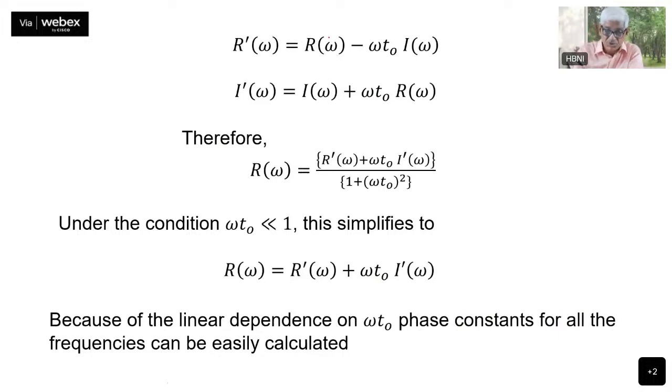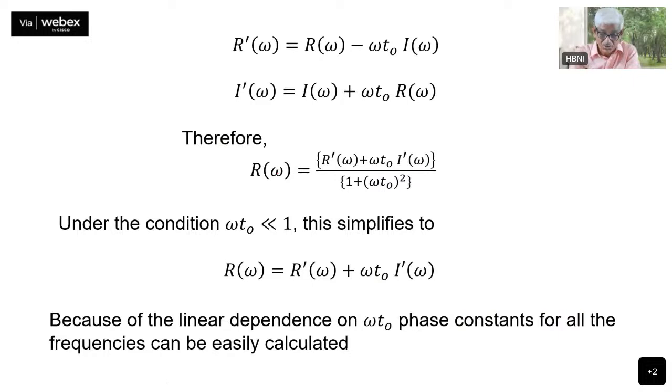Therefore, you combine these two to make a little algebra here. From these two equations, if I take R dash omega plus omega t naught I dash omega, that is, I keep this as it is, multiply the other by omega t naught and add, you get R omega into 1 plus (omega t naught) square.